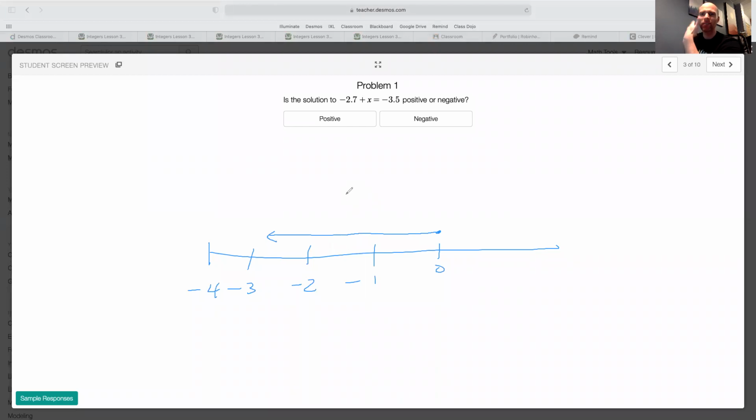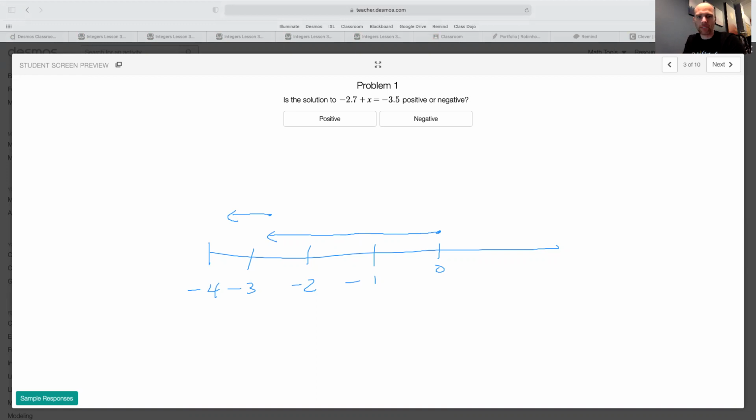And now we want to add some other vector. We don't know what that vector is, but we always start it where the last one ended and get to -3.5. So that would be like about here. And so all we're being asked is, is this positive or negative? Well, since I had to draw the arrow in the negative direction, that means it must be a negative vector. So the answer is negative.